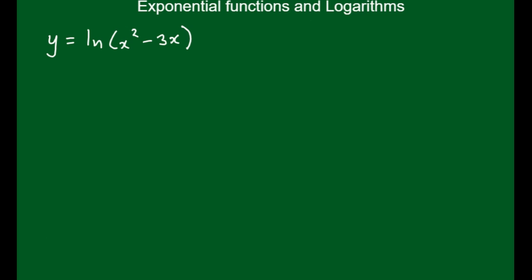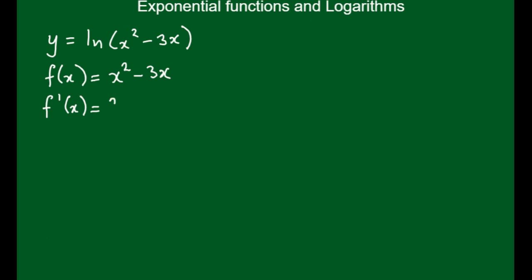So we have f of x, which is x squared minus 3x. Let's differentiate that function of x.